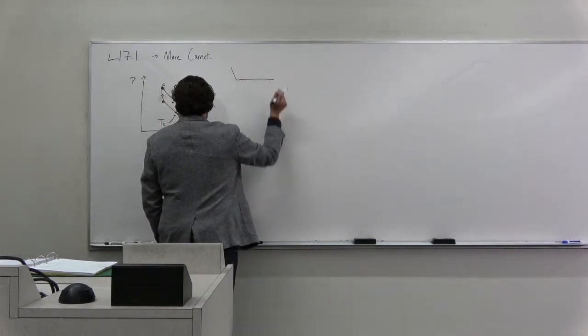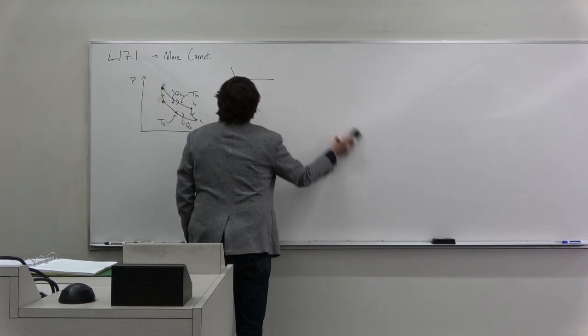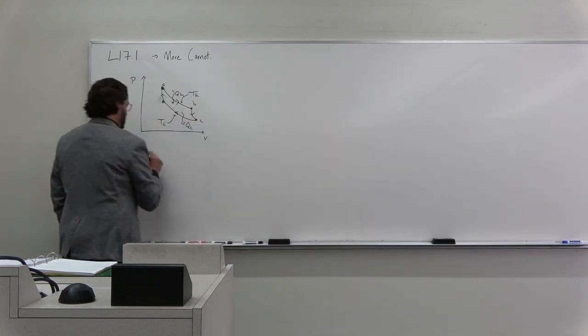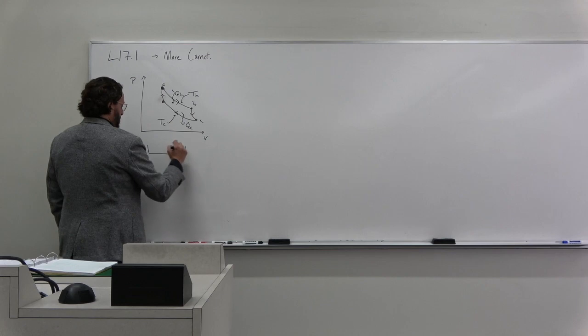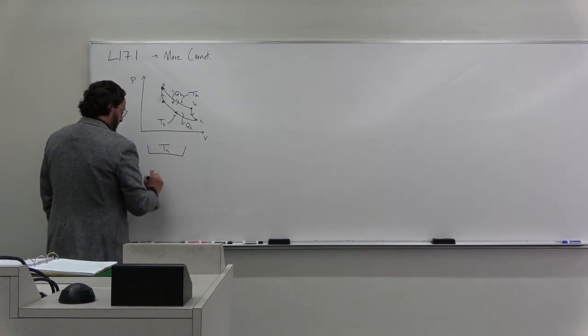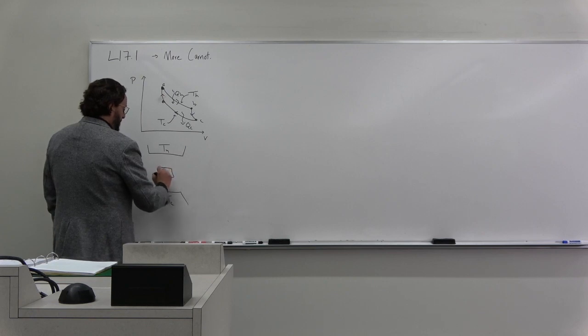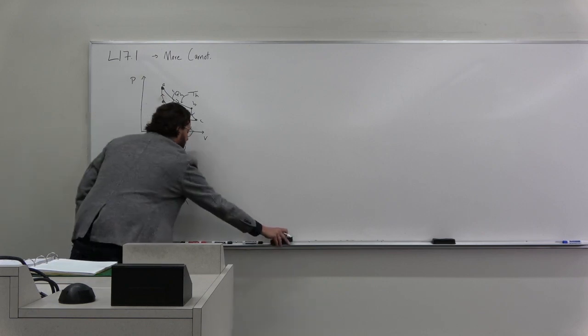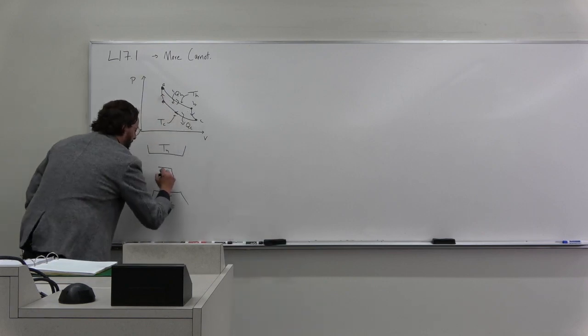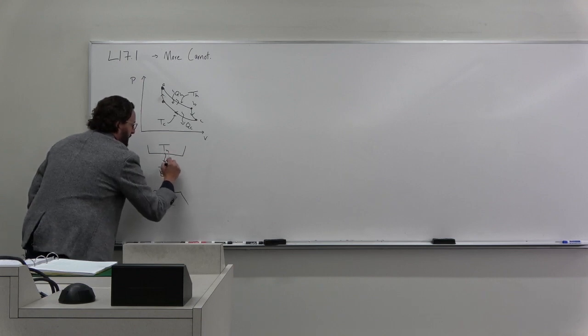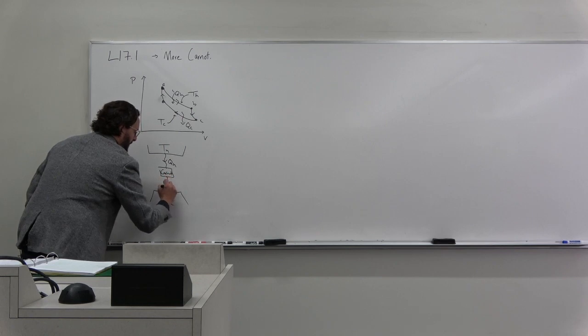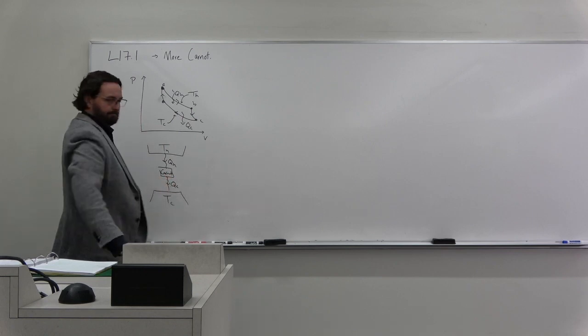So the other way we looked at it, I think I'll just write it underneath and maybe we'll keep this. We had a hot reservoir and a cold reservoir, and we had an engine. And let's call it a Carnot engine for now. We had the heat come in, QH, and the heat go out, QC.